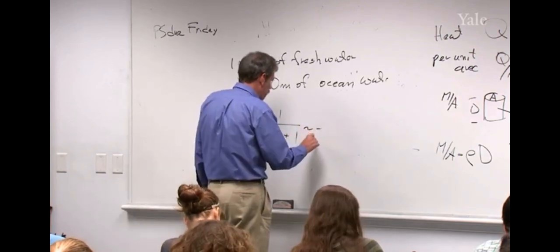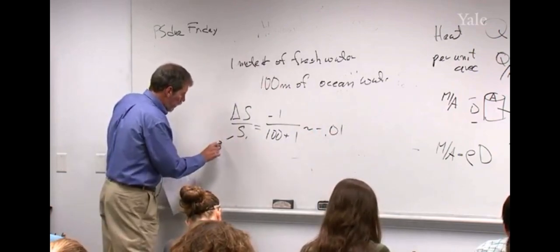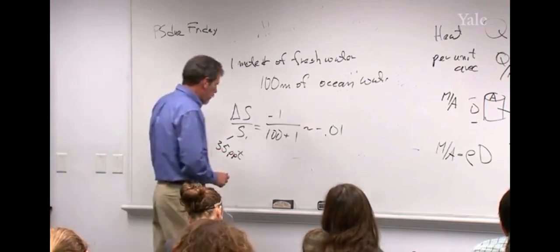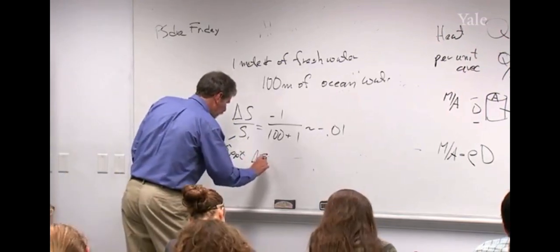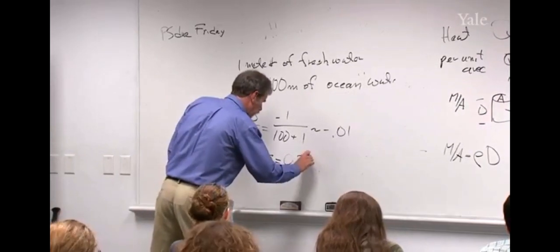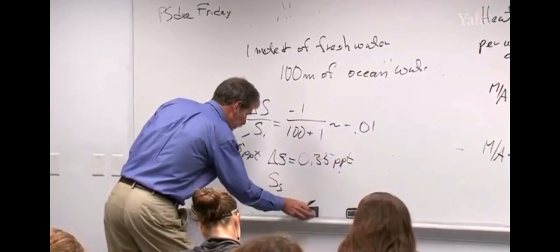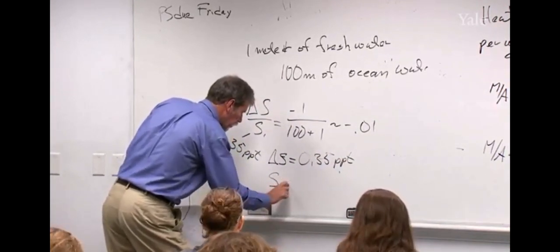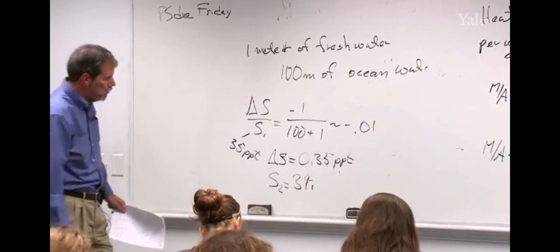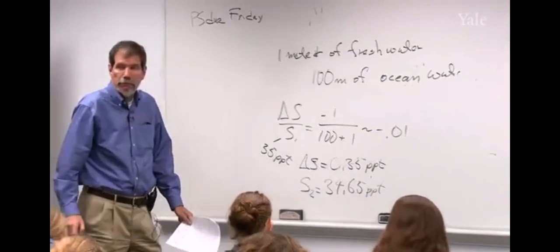So that is approximately minus 0.01. This is approximately 35 parts per thousand, let's say, the original salinity. So delta S is going to be 1/100th of that. It's going to be 0.35 parts per thousand, which means the new S, the new salinity, I'll call it here S2, is going to be 34.65 parts per thousand.